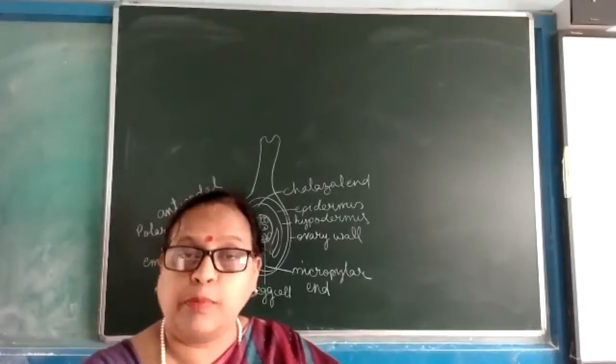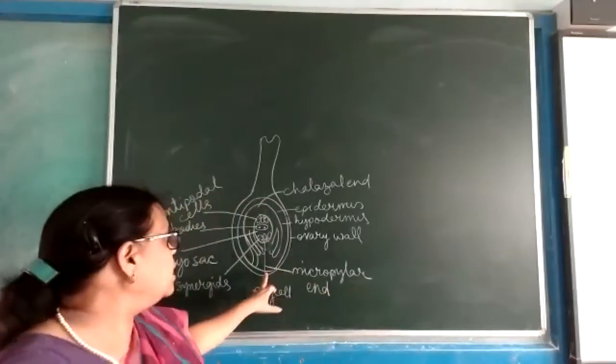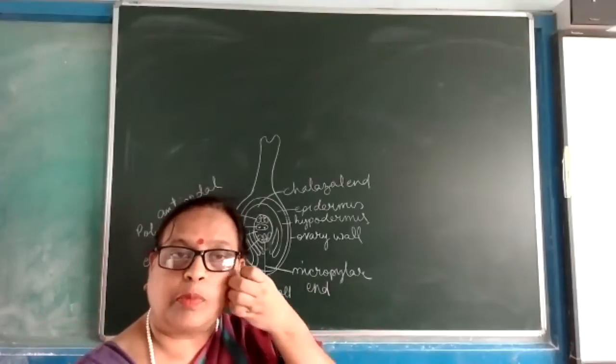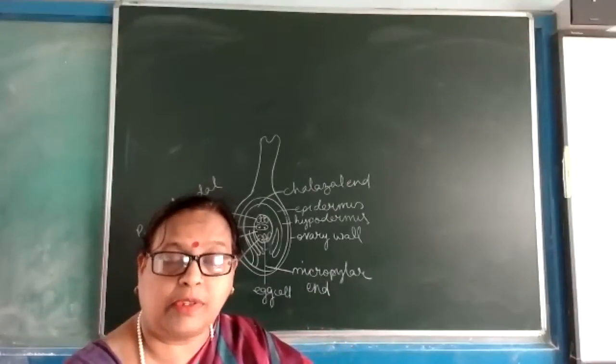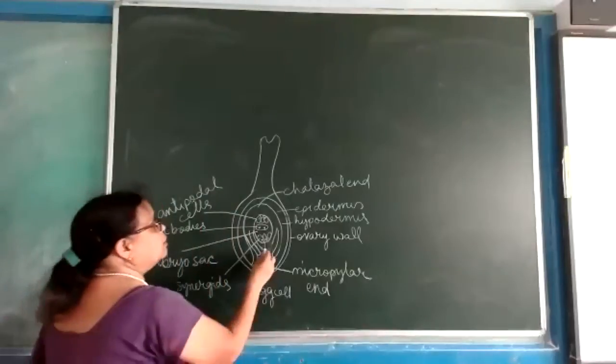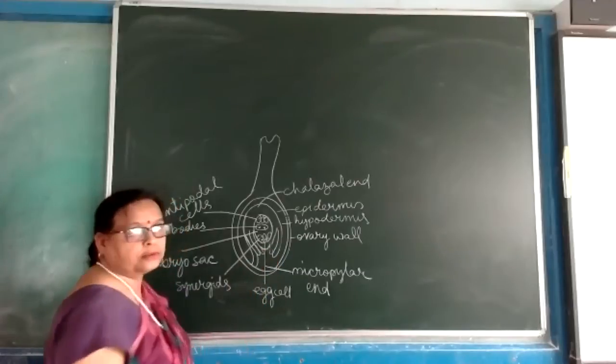So when the pollen tube reaches the micropyle, it will release enzymes, and the enzymes will dissolve the cell membrane here of the embryo sac.